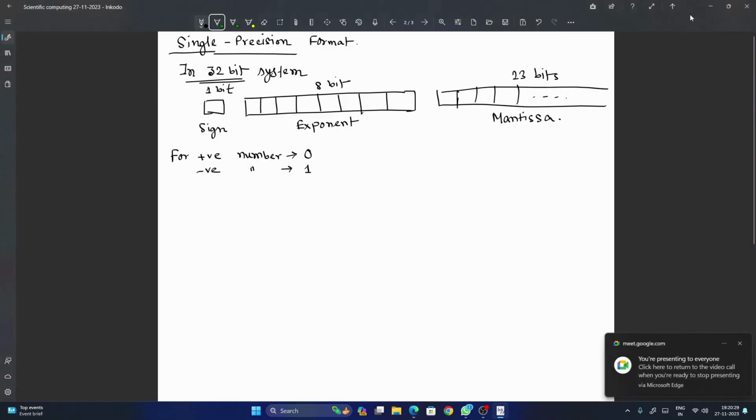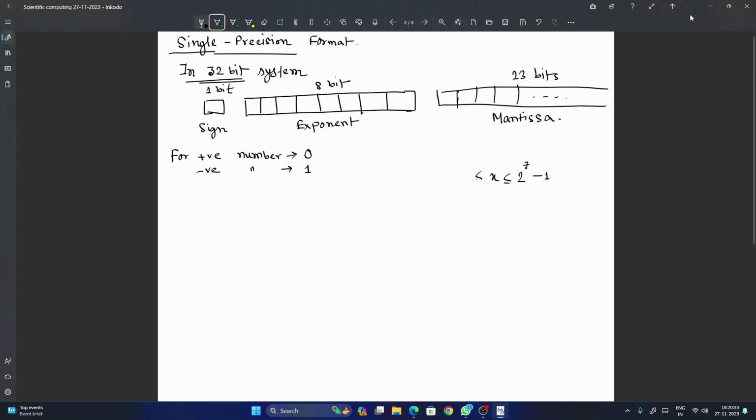Now if you see the 8-bit exponent portion, it follows the fixed point number system. In a 8-bit system, how many total numbers can you save? It will be from minus 2 to the power 7 to 2 to the power 7 minus 1.